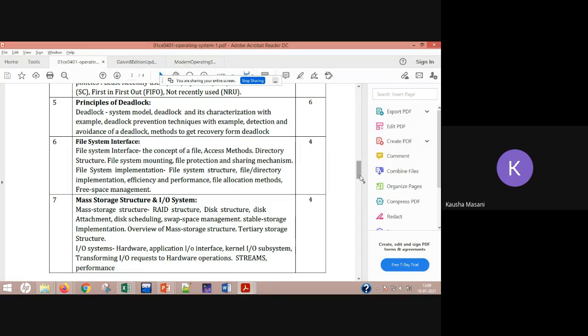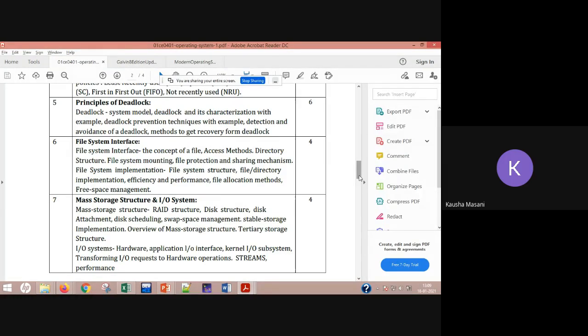Then there is unit number 6, all about file systems. If I talk about file systems and directories, the most known directory to you guys is in your C language, include stdio.h or stdlib.h. Those are examples.